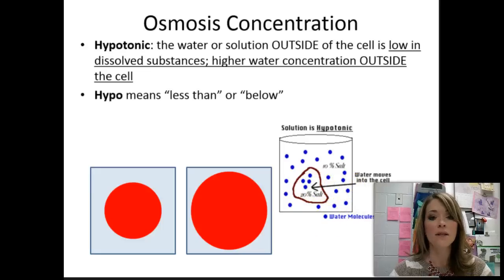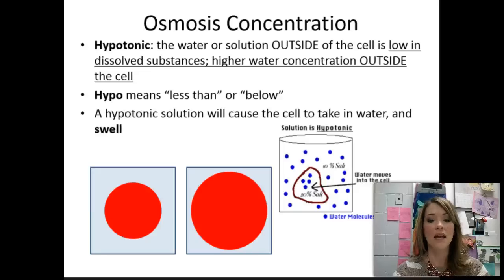If the water moves into the cell, then it's going to take in water, it's going to start to swell, and it even can actually burst. And again, hypo means less than or below. It means this outside solution has less of the solute than the inside solution. So this is hypotonic.